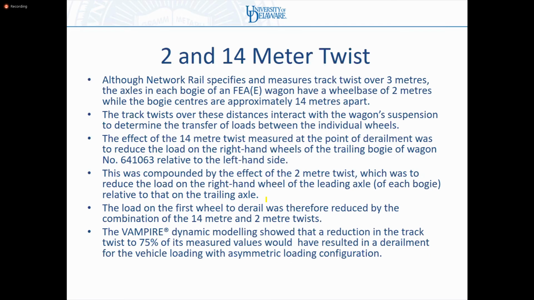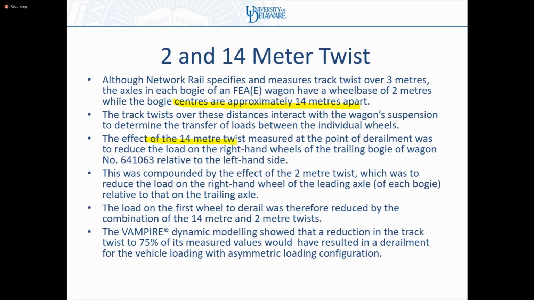In this particular case, the bogie centers were approximately 14 meters apart. So the 14-meter twist becomes important, because it resulted in a twisting of the vehicle. The vehicle itself twisted because the front bogie was down one cross level, going to the right.